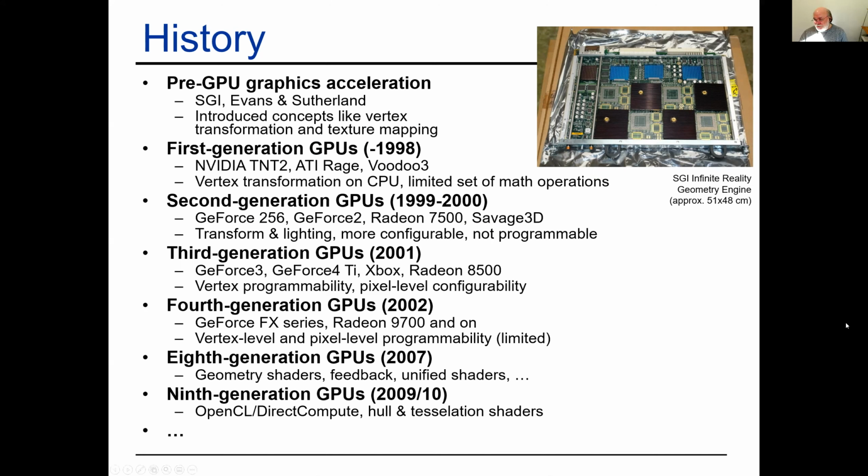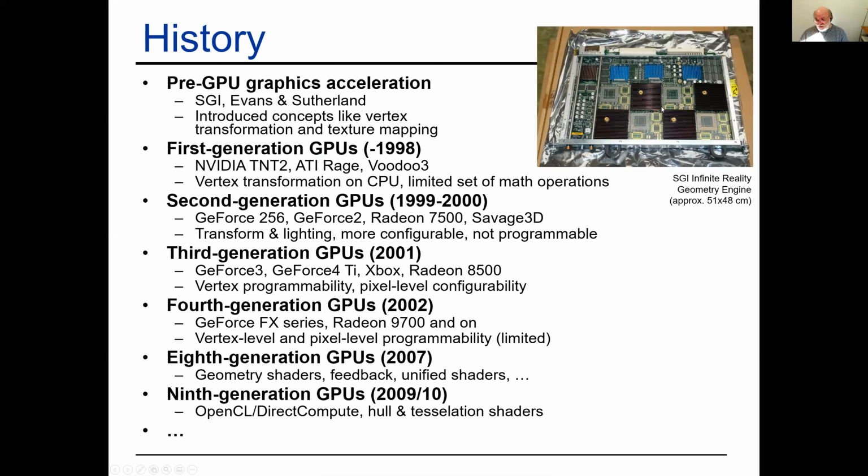And at the time, this was big hardware. Here you see an image of the geometry engine of an Infinite Reality machine, which was an entire rack, actually bigger than a 19-inch rack today. This card here is roughly 50 by 50 centimeters.